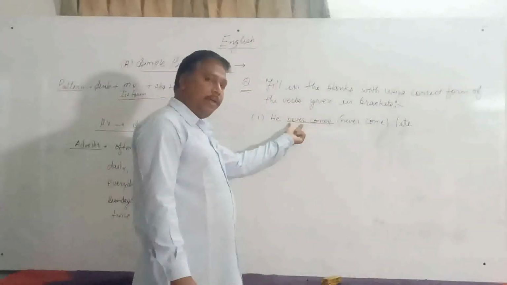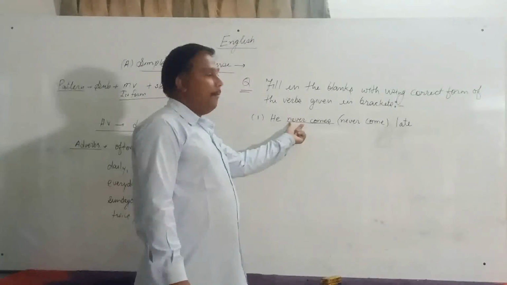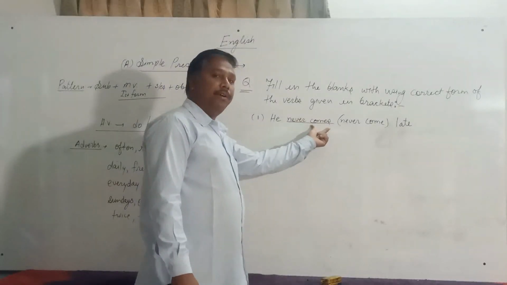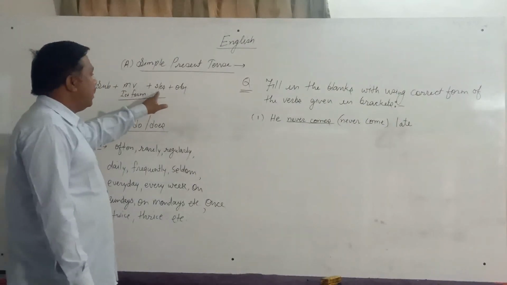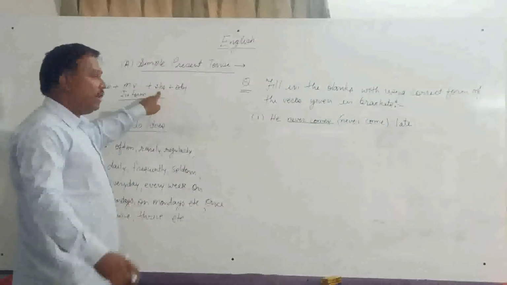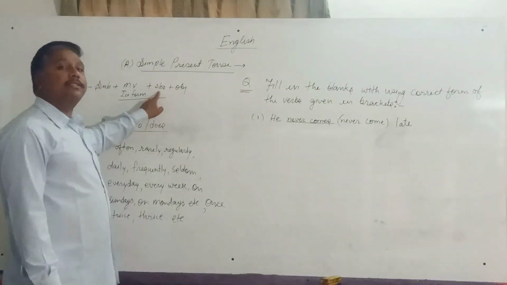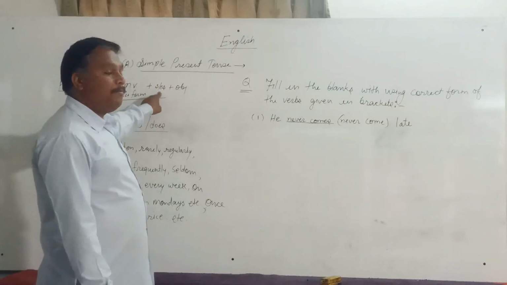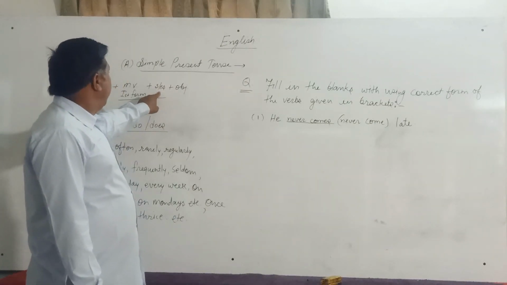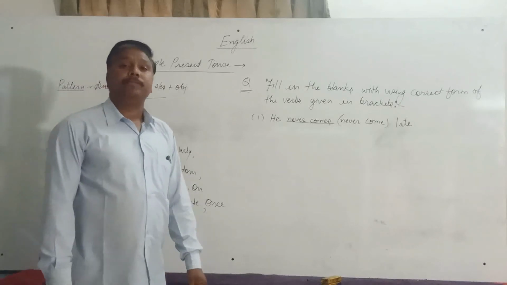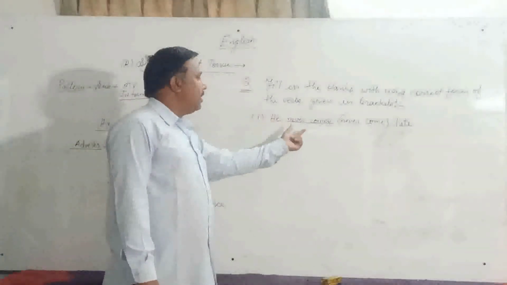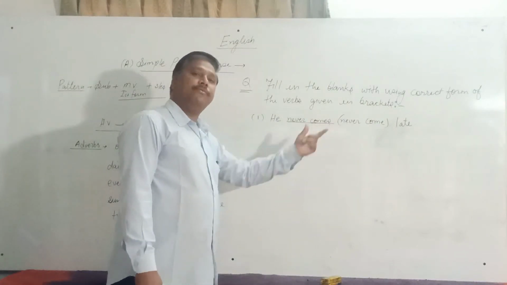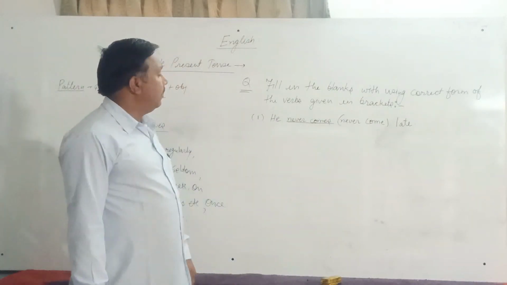The word never will never change. But we have to apply the correct form of the verb, and the form of the verb is the first form of the main verb and then s or es. S or es, you know very well, is not compulsory. It depends on our subject. If our subject is singular, then we have to apply s or es with the main verb.